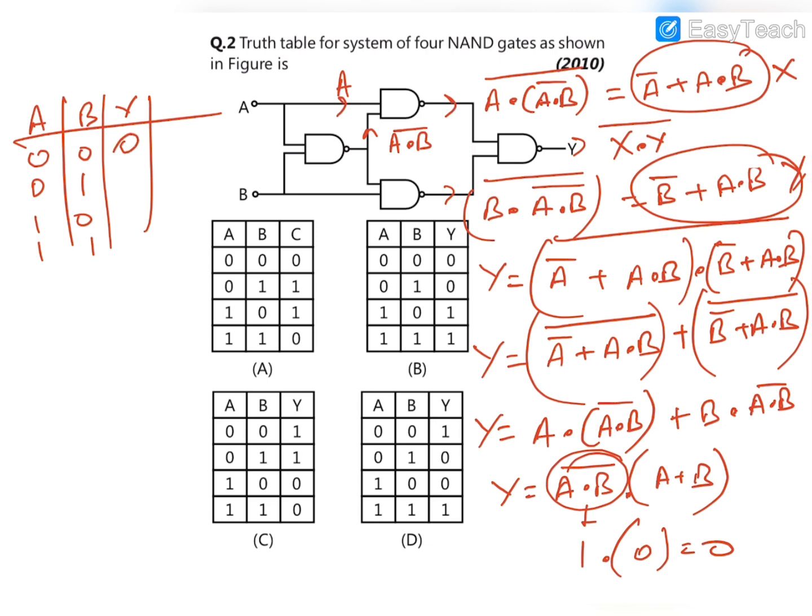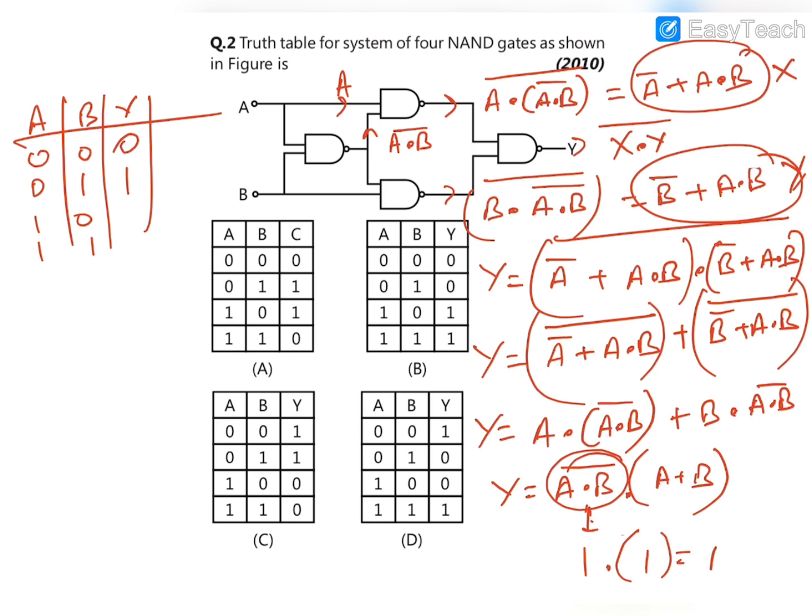And in the second case, if A is 0 and B is 1, 0 dot 1 is 0, 0 bar is 1, and this is 0 plus 1, which is 1, 1 dot 1 is 1, so it is 1.